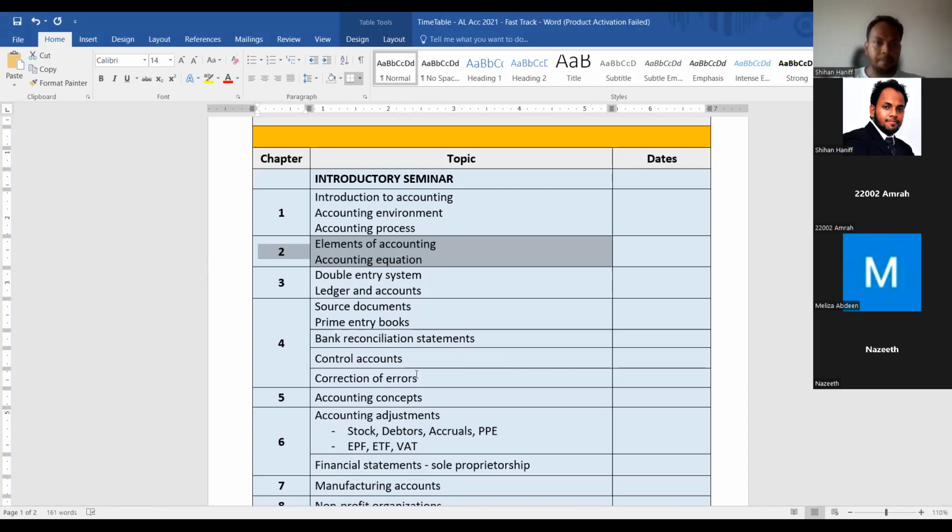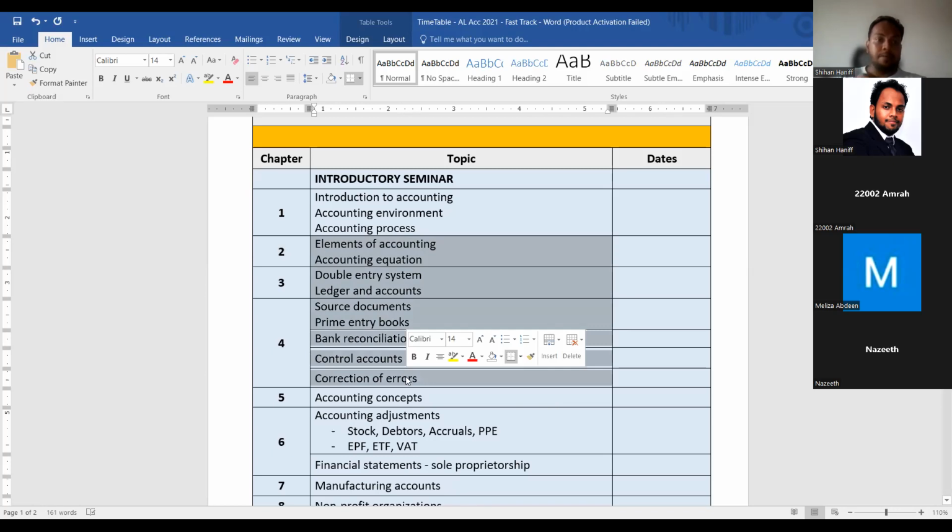For example, they might include preparation of financial statements, the bank reconciliation statement, control accounts, error corrections. So these chapters go together. You need to understand the basics of each and every other chapter.